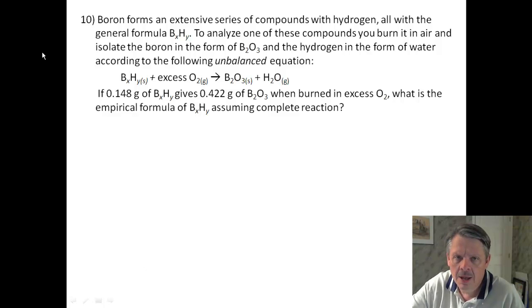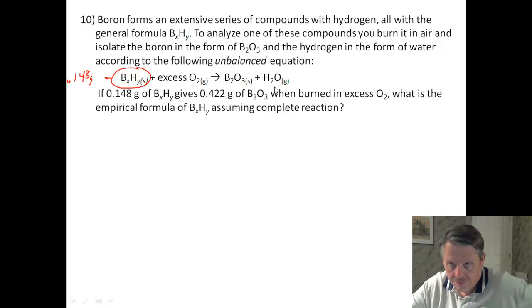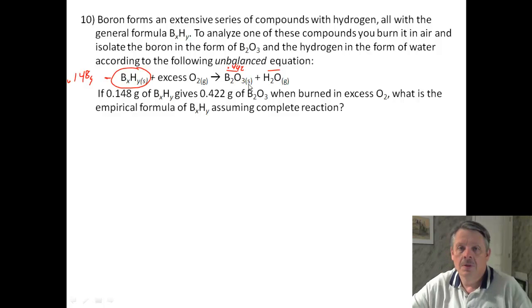And we have, over here, 0.148 grams, and we have 0.442 grams of this. And over here, we have, don't know. All right. So I think we're good.